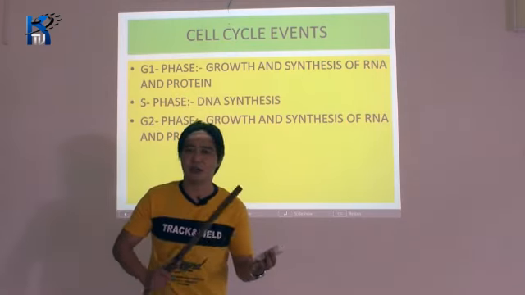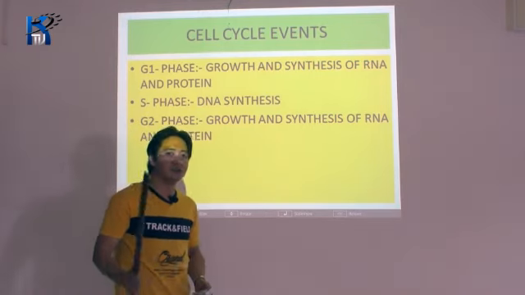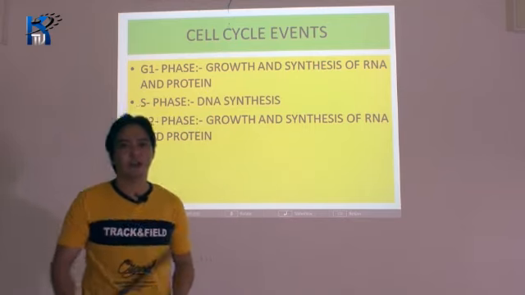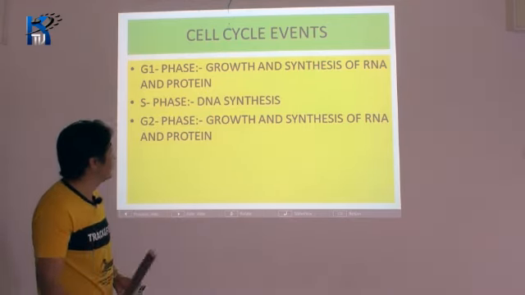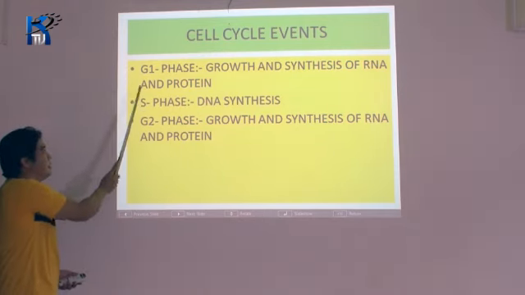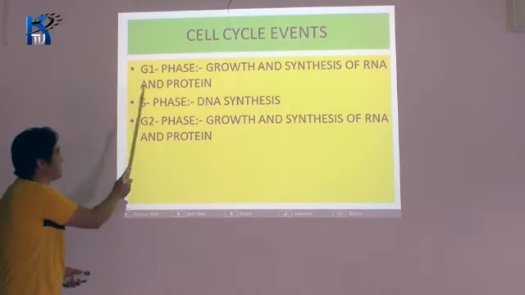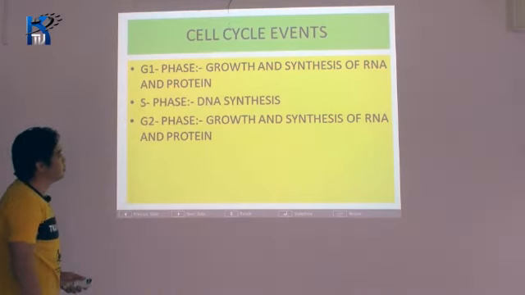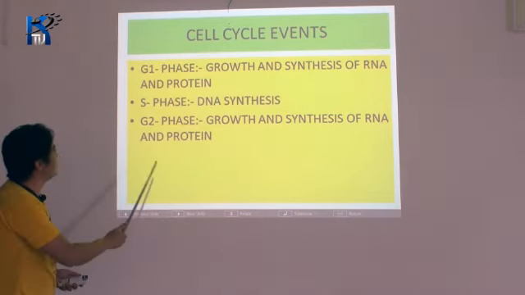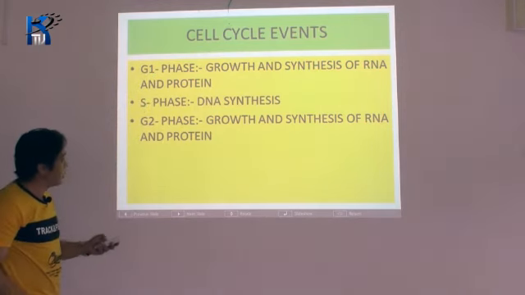Arrested phase or G0 phase which is generally seen in our nerve cell, हाम्रो nerve cell जुन न्युरोन छ त्यसमा प्राय देखा पर्छ त्यो फेज. र एकखेप, इन्टरफेज: G1 मा ग्रोथ, RNA र प्रोटिन बनिँदो रहेछ, S मा DNA बन्यो, G2 growth and synthesis of RNA and protein. यो चाहिँ हाम्रो इन्टरफेजको सब फेजेसहरु भयो.